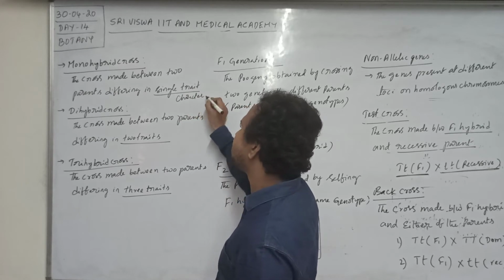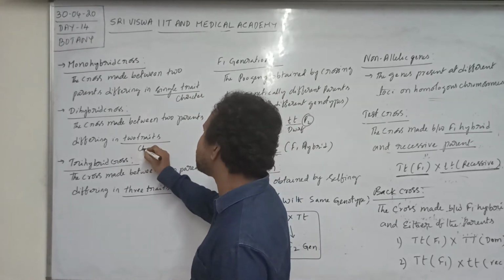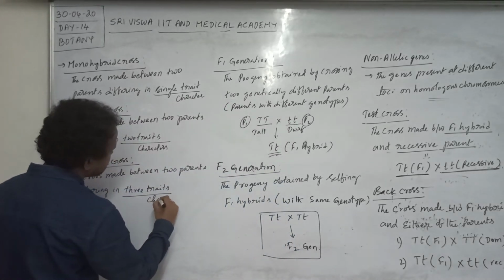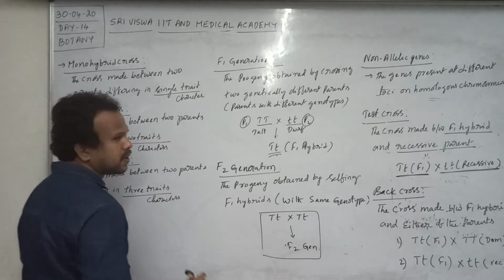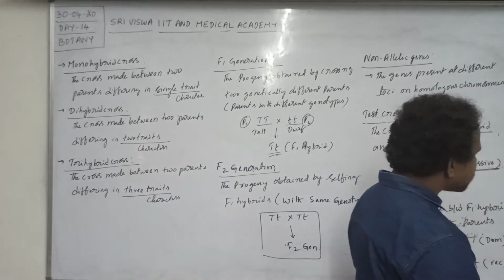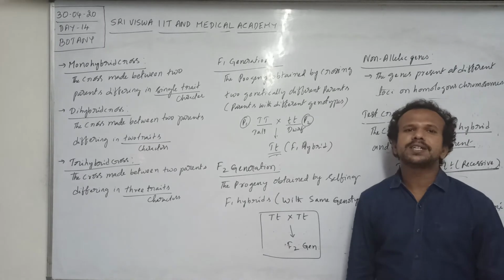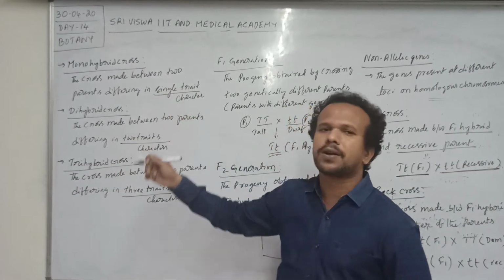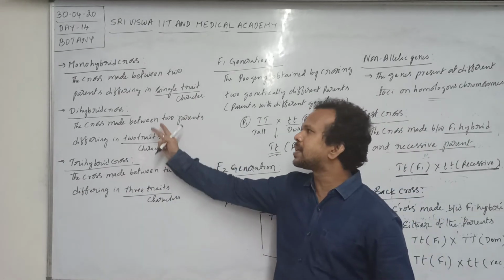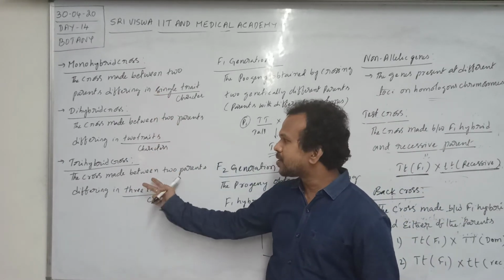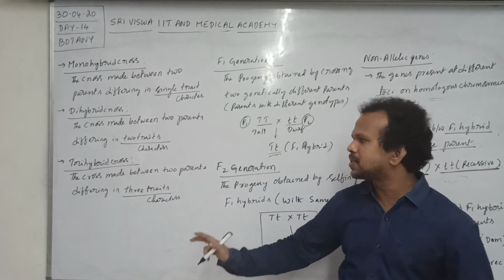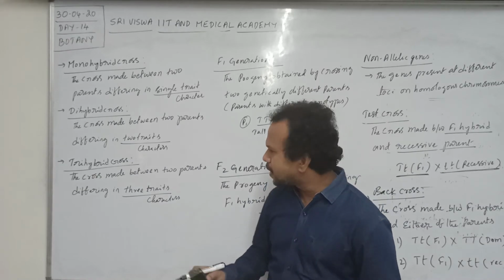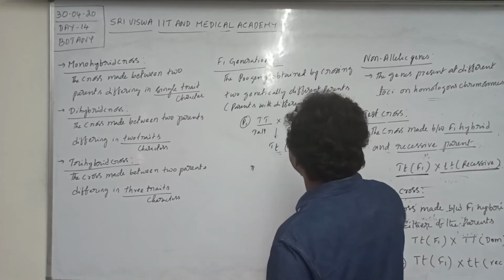In this context, trait means character. 2 traits means 2 characters, 3 traits means 3 characters. So, if a cross is made between 2 parents differing in single trait or single character, that is with reference to one pair of characters, that is monohybrid cross. With reference to two pairs of characters, that is dihybrid cross. With reference to three pairs of characters, that is trihybrid cross.